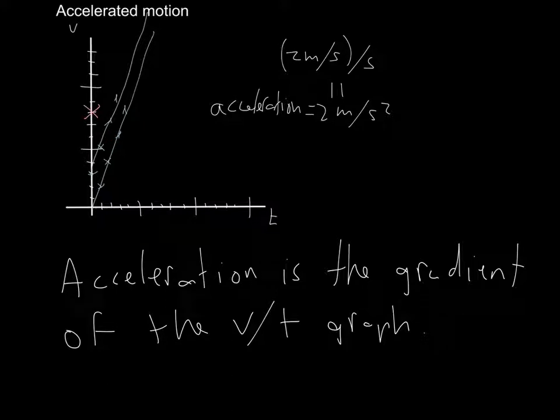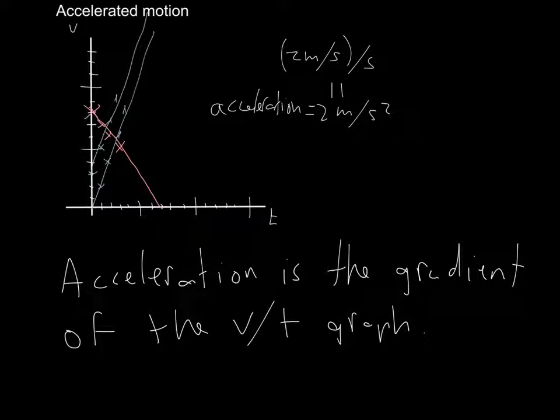So I could see 1, 7, 2, 6, 3, 5. And you can easily see that then I get a straight line that is pointing down like this. And indeed, this is also accelerated motion, but the acceleration in this case is negative, because the speed is decreasing every time.